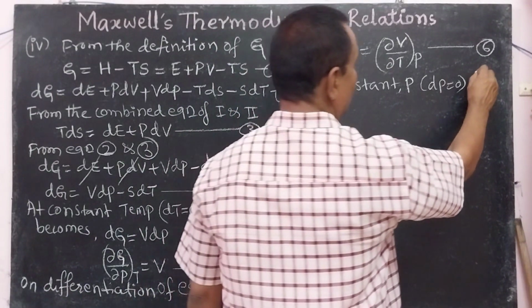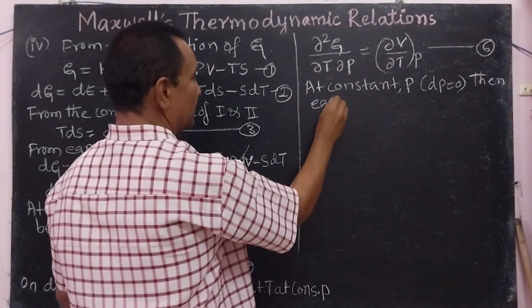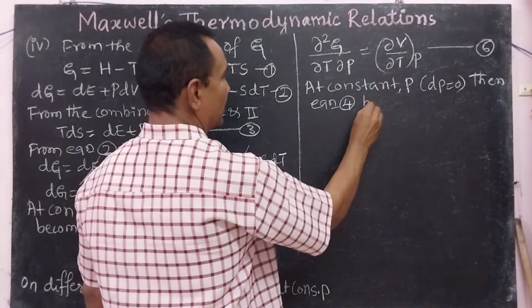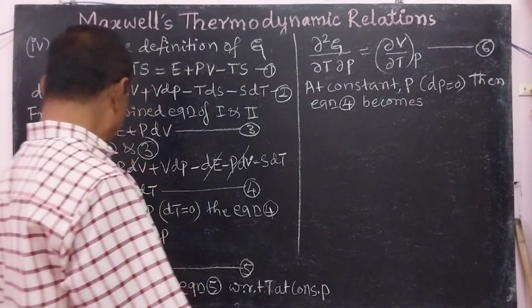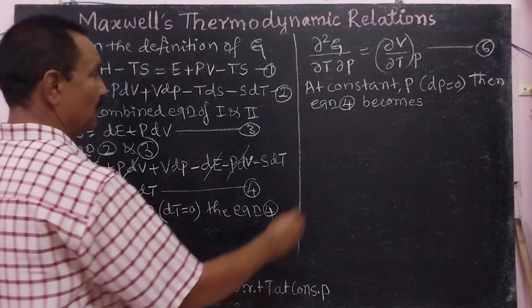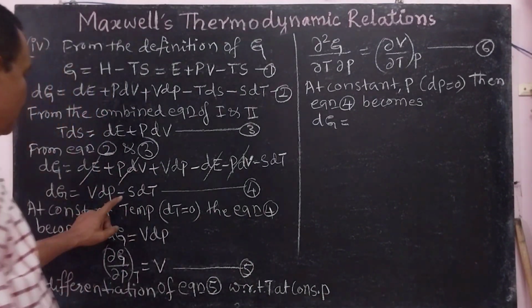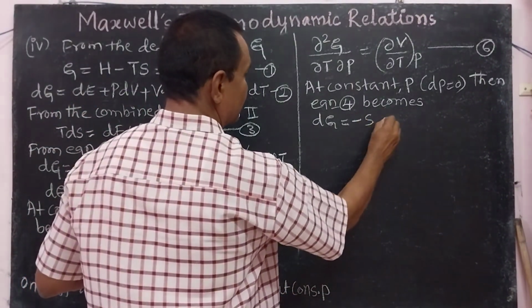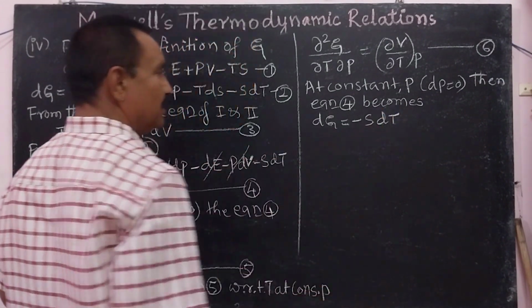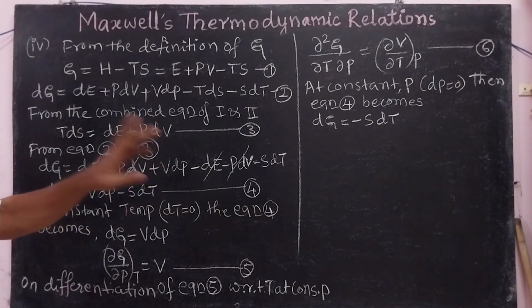Then equation 4 becomes dG equal to minus SdT.